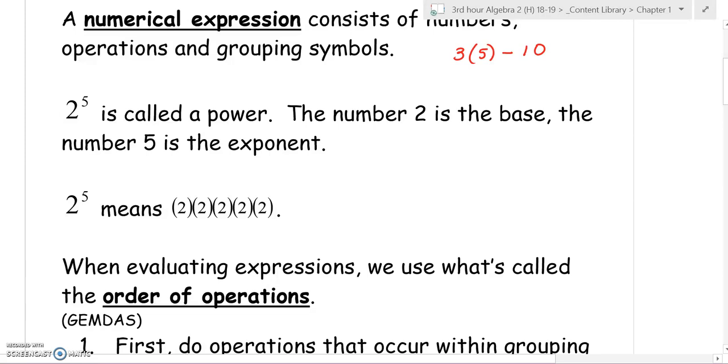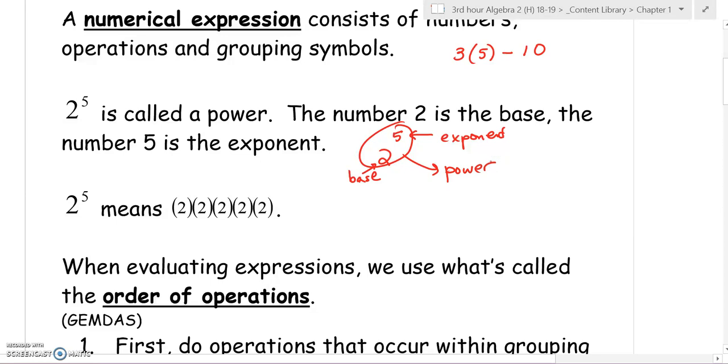But the whole expression together, 2 to the 5th, is called a power. So once again, 2 is the base, 5 is the exponent, but the whole thing together is called the power.